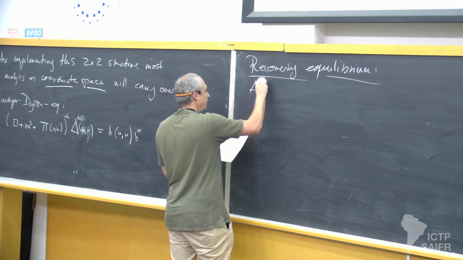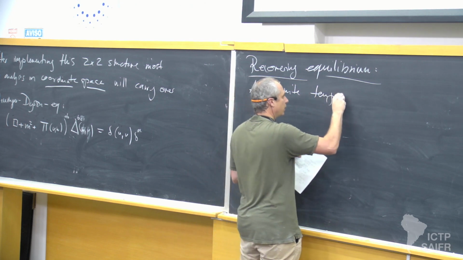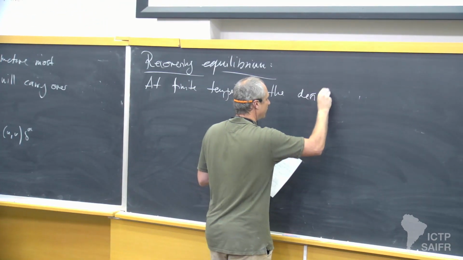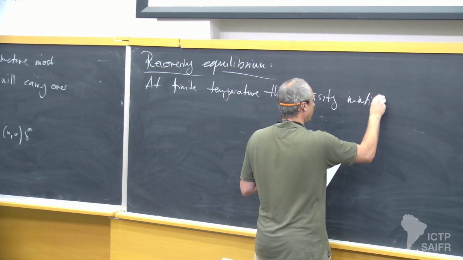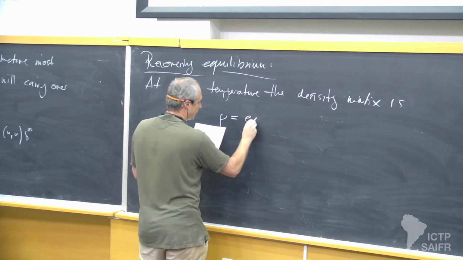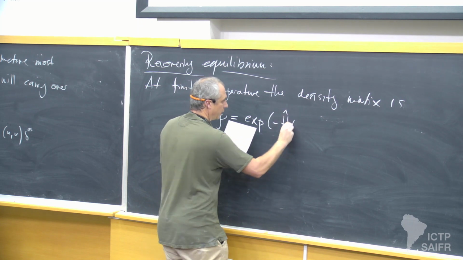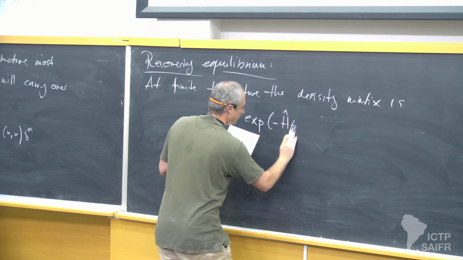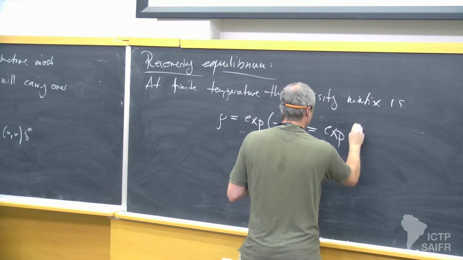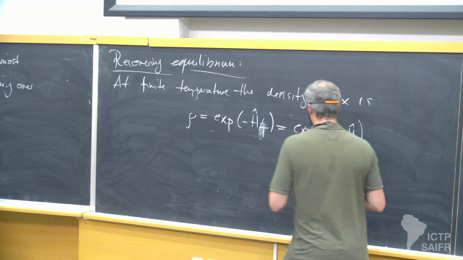Okay, so at finite temperature, the density matrix is rho, and we had this before, is basically just an exponential of minus the Hamiltonian over the temperature. And often people in this context would introduce a parameter beta, which is just the inverse temperature. So they would write it this way.